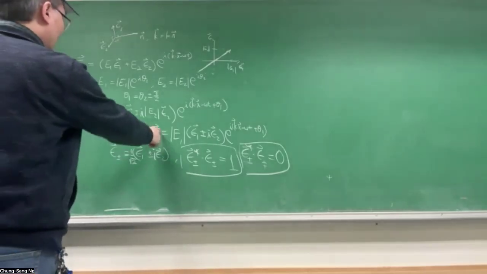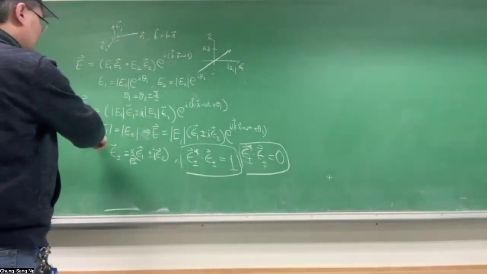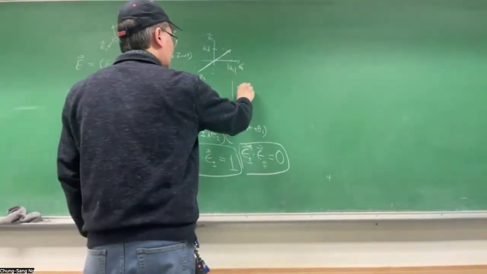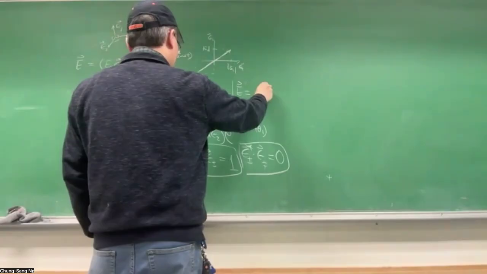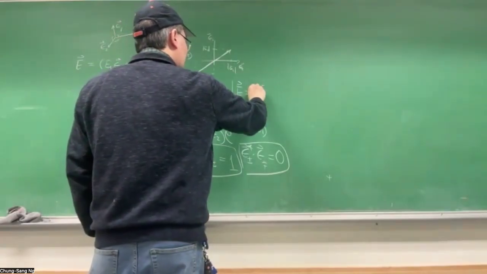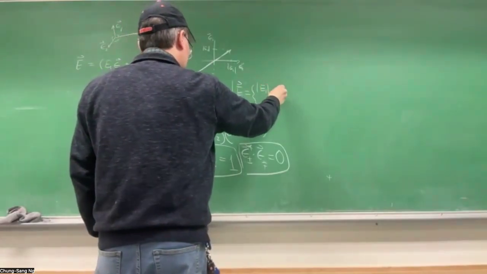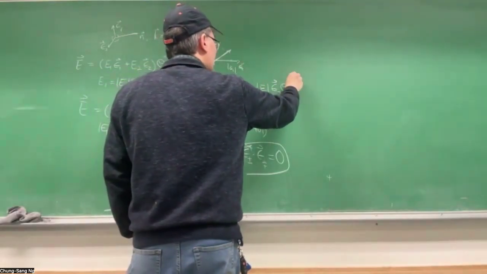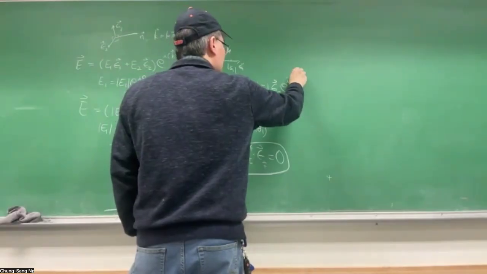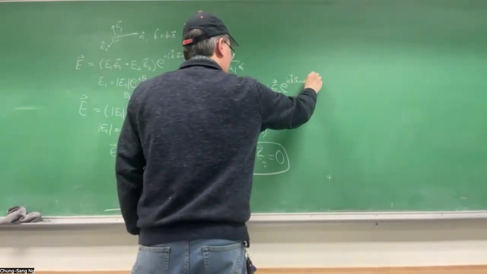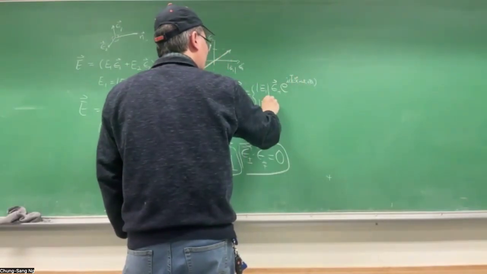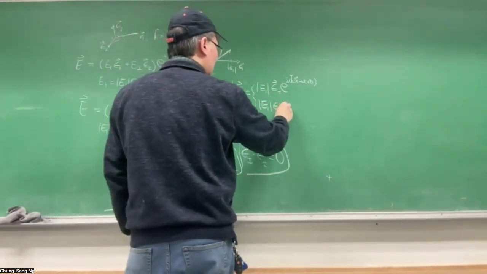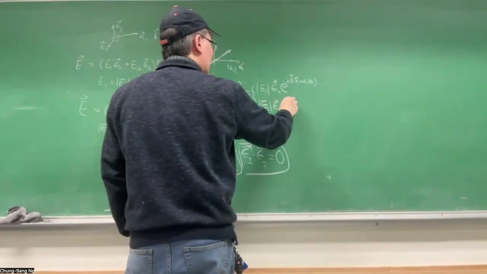So in this case, if you assume this electric field is simply either this epsilon plus, or the other way around, this plus or minus sign, basically you have two cases.